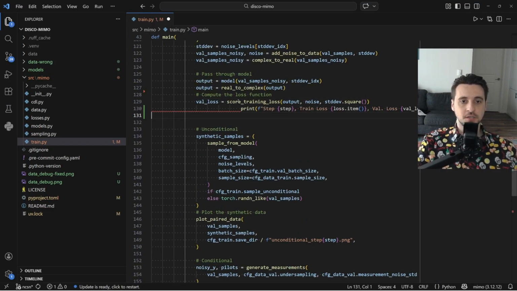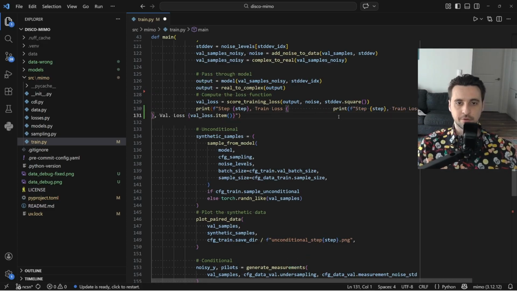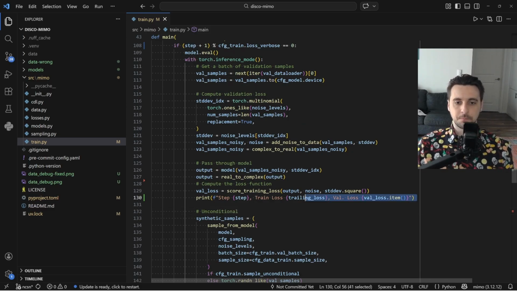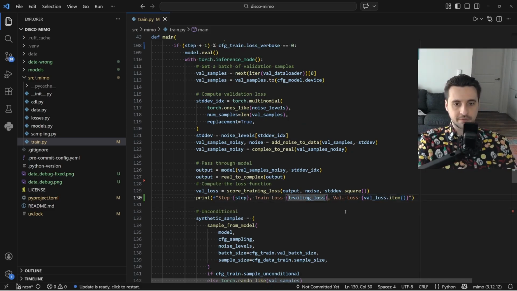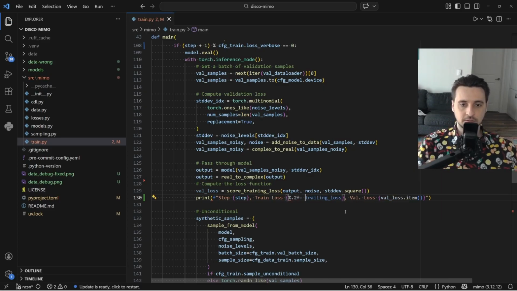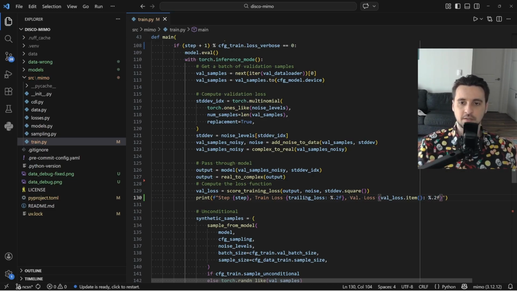Except we're going to print the trailing loss so that it goes down smoother, and that way we can compare with our original paper. We can also print with, I believe, 2 decimals. 2f? Yeah, I think it's like this. Same for this one. So we only print with 2 decimals. We don't need all that other stuff.